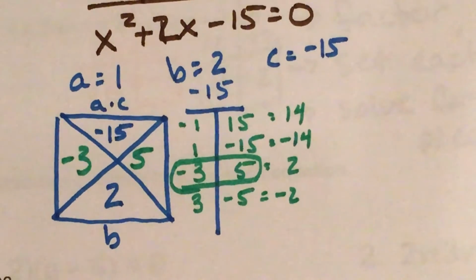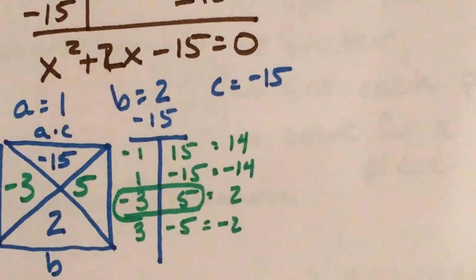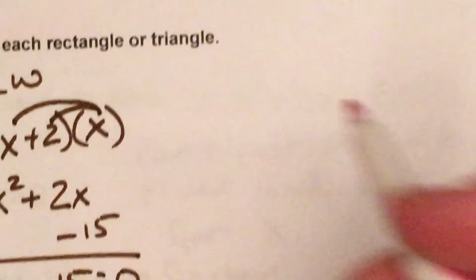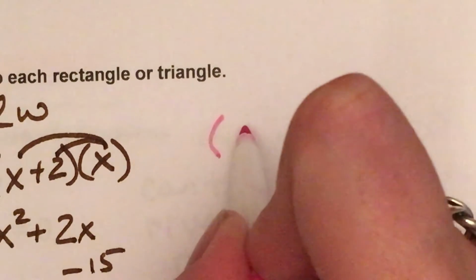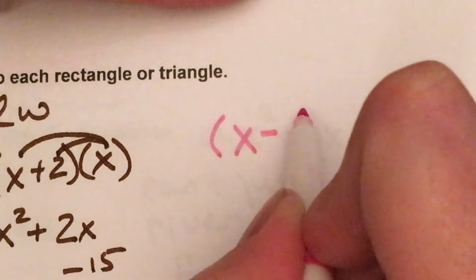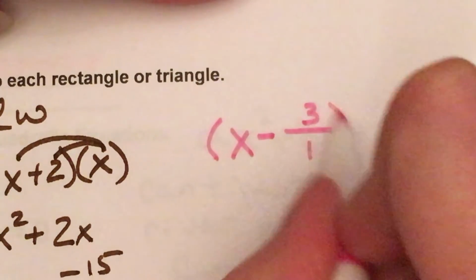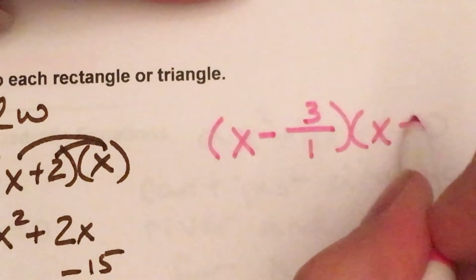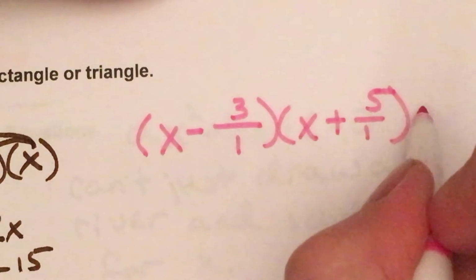All right, hard work is done. Let's go build our binomials. So we have x minus 3 over our value of a, that's 1, and x plus 5 over our value of a, which is still 1.